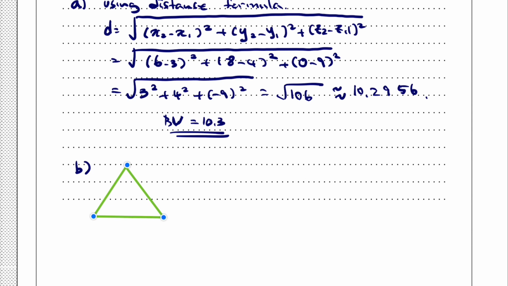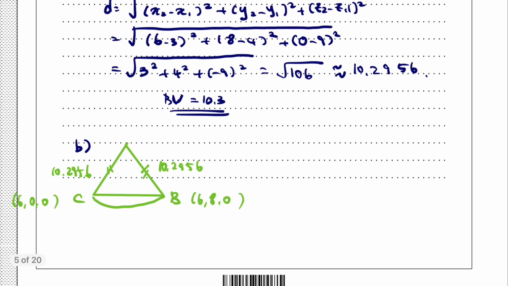Okay, then we can say that, okay, so this side and this side are the same, and both of them have the length of 10.2956, 10.2956, and we need to find the length between this point C and B. Okay, and B has coordinates of 6, 8, 0, and C has coordinates of 6, 0, 0. Okay, then we know right away the length between the point C and B is 8, right?